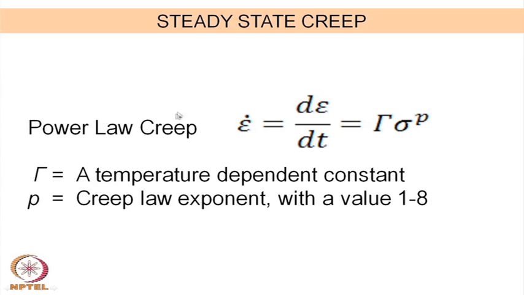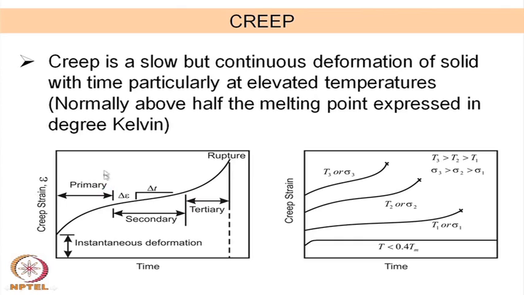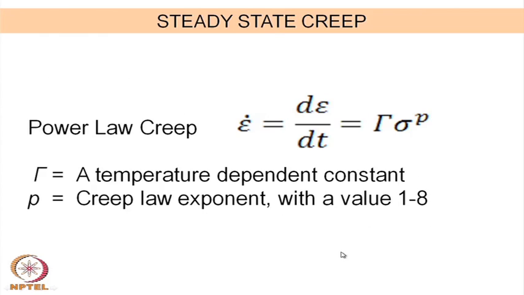So, this is what we call the power law of creep, or a steady state creep. In fact, this is the steady state creep here, the secondary creep.